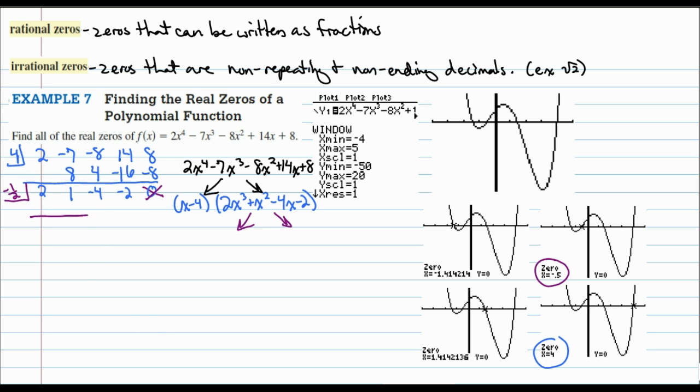So we're going to use -1/2 and go through synthetic division. Drop down the 2. 2 times -1/2 is -1, so 1 plus -1 is 0. -1/2 times 0 is 0, so we have -4. -1/2 times -4 is +2, so we end up with a 0.